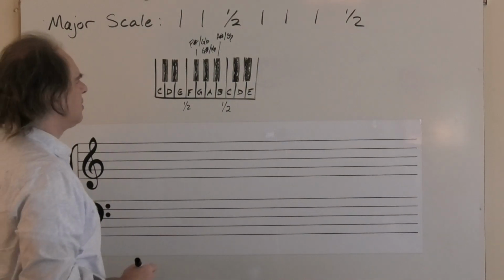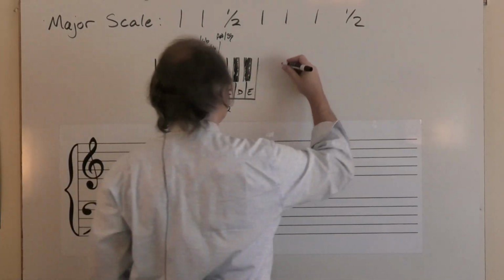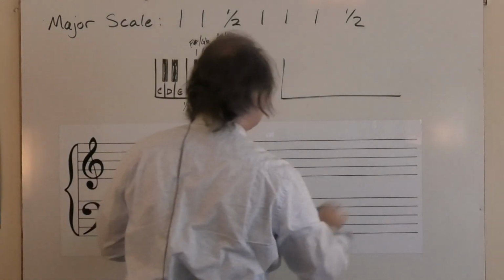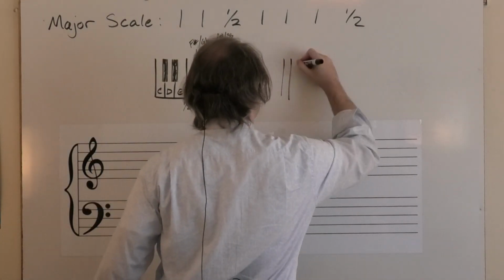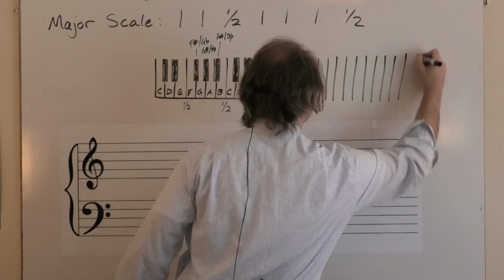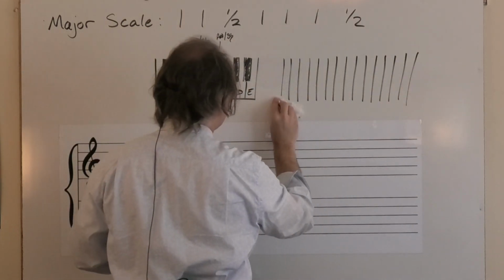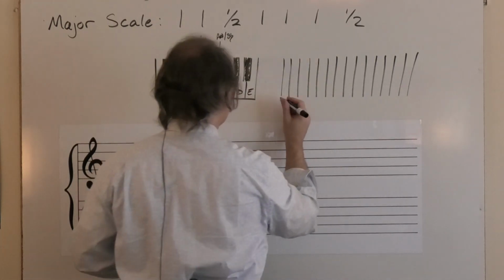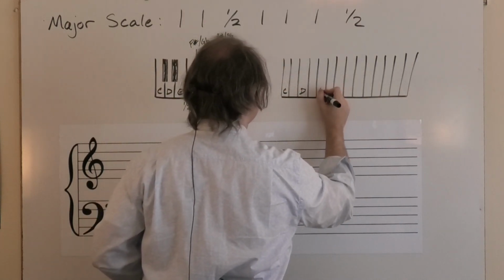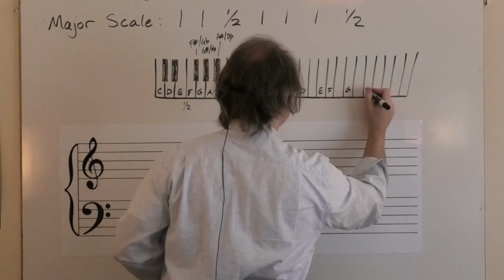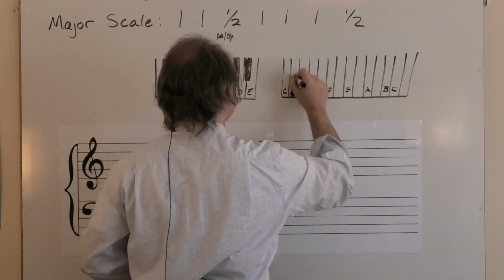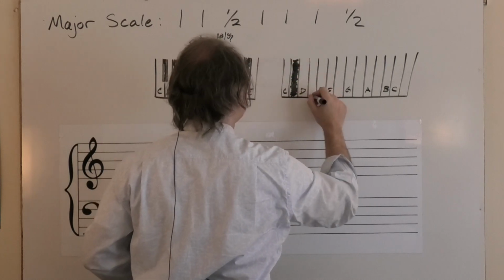Now, if you were to just thread this through and pull it out so that we ended up having a keyboard that looks like this, C, D, E, F, G, A, B, C. We could create a piano keyboard that looks like this.